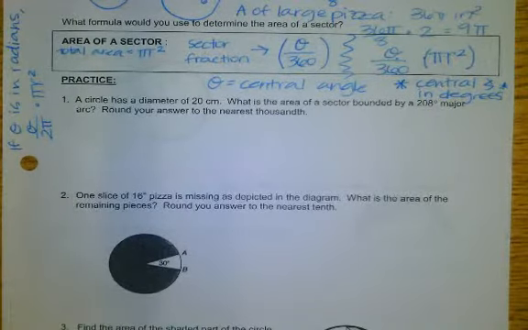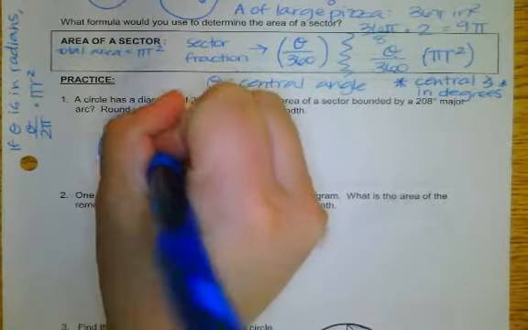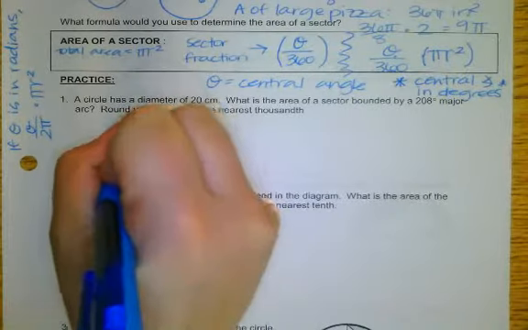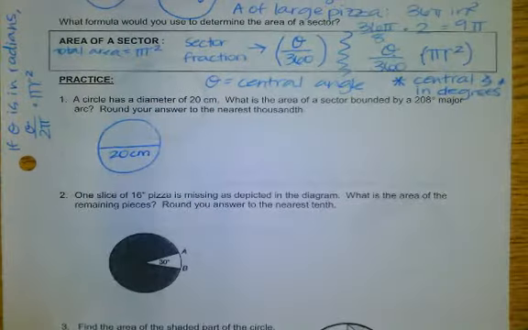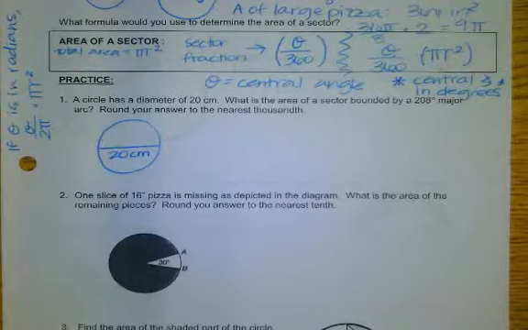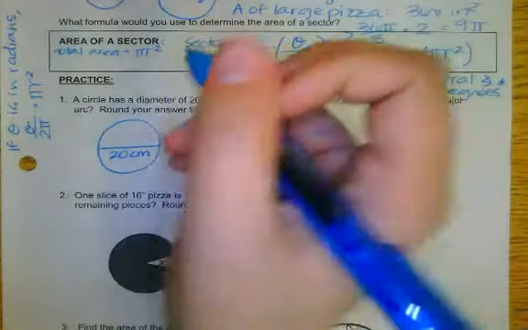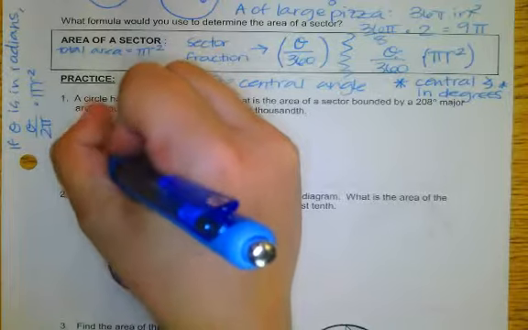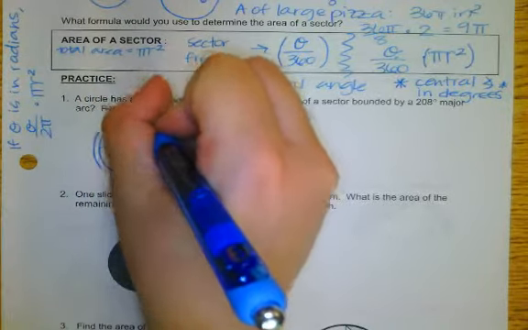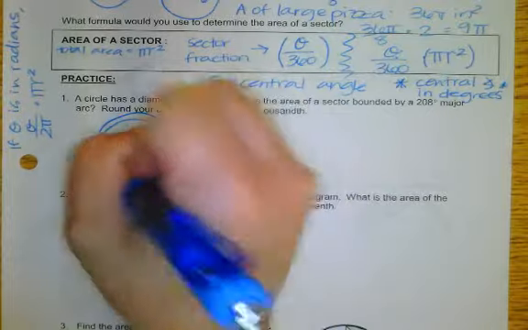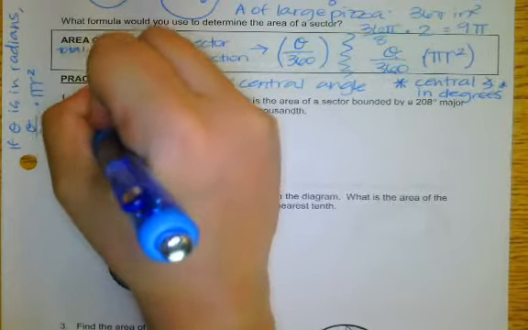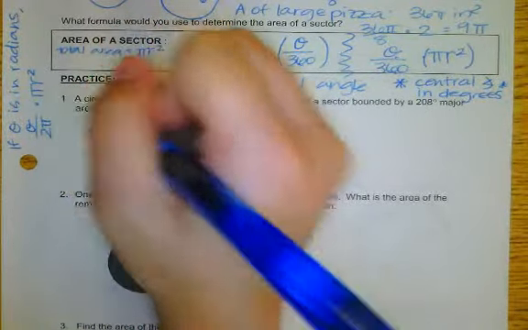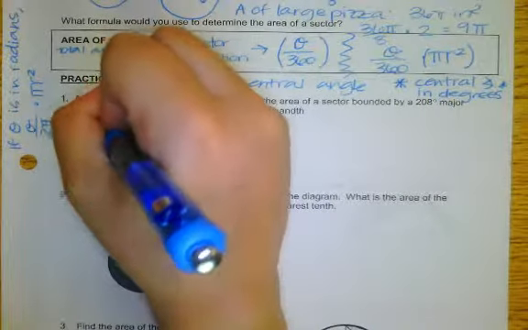A circle has a diameter of 20 centimeters, so I'm going to draw my circle. What is the area of the sector bounded by a 208 degree major arc? Round your answer to the nearest thousandth. Alright, so let's say that I have a 280 degree major arc. Oh, 208, sorry.